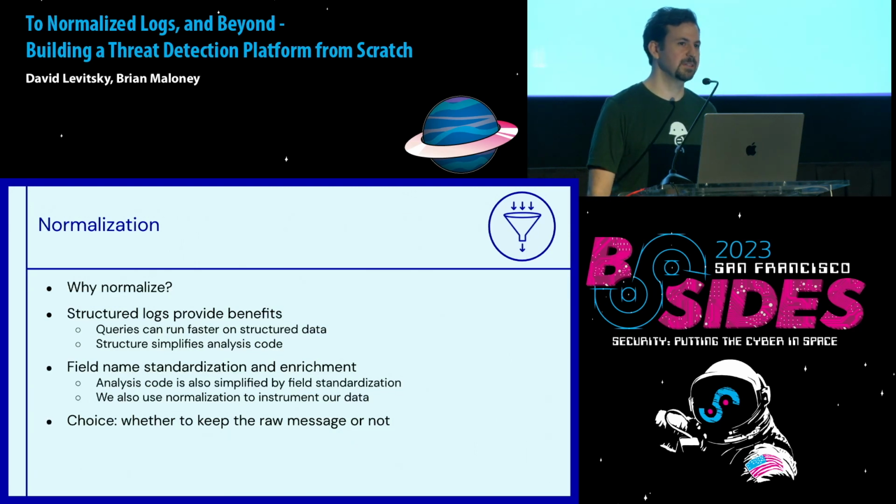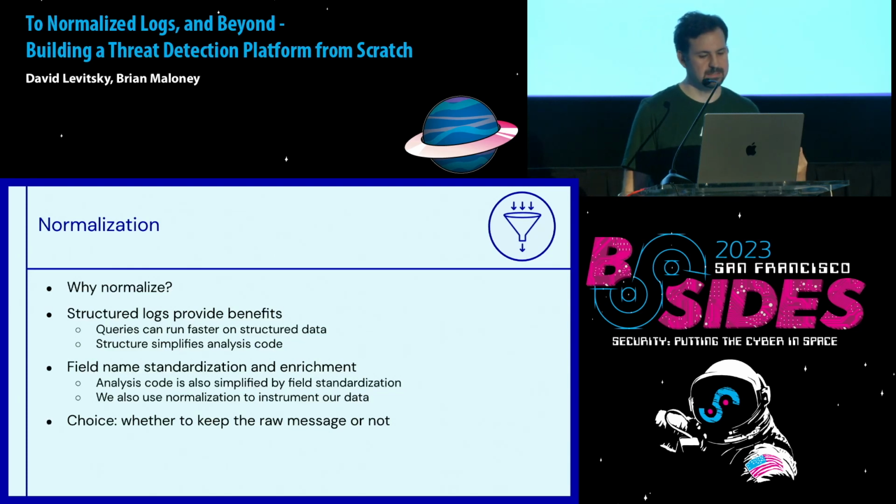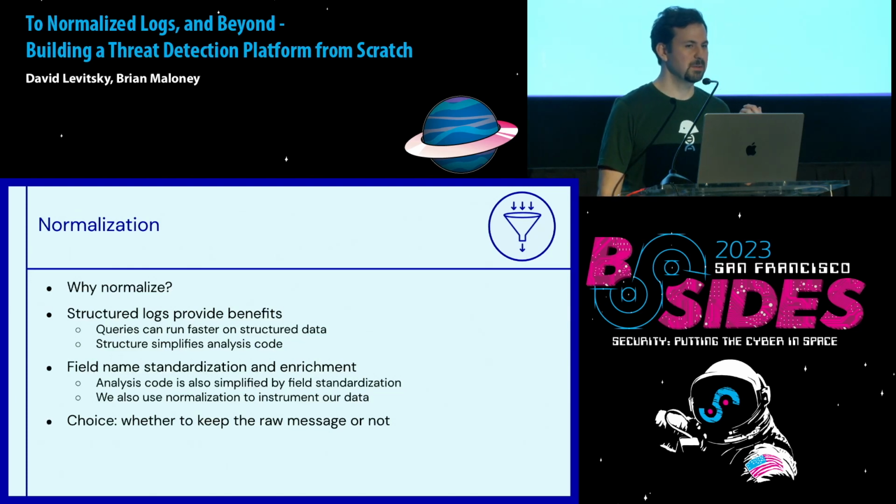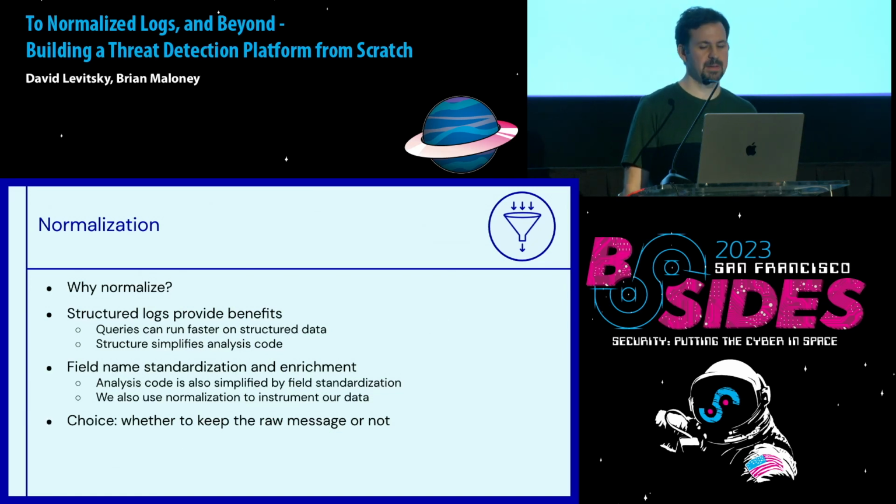There are some common things like a username or an IP address that can make your analysis code much easier to write if you use a standardized format. We also have some instrumentation inside our normalization engine, which allows us to verify if something starts performing poorly, or if we get less data than we expect. It's just another point of instrumentation in addition to our CloudWatch.